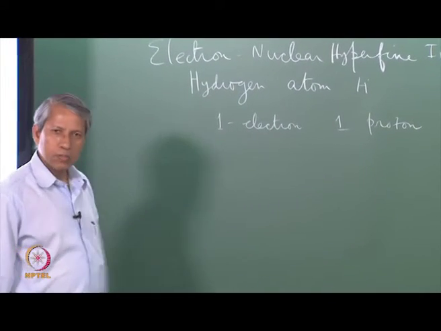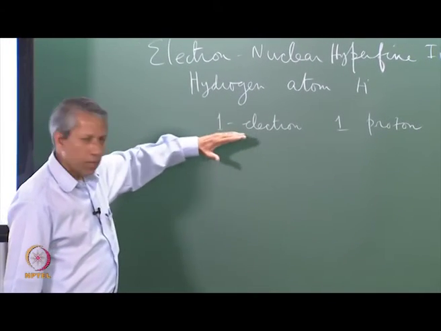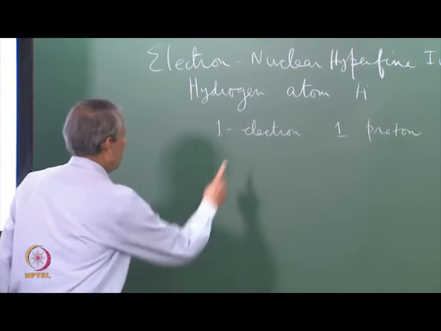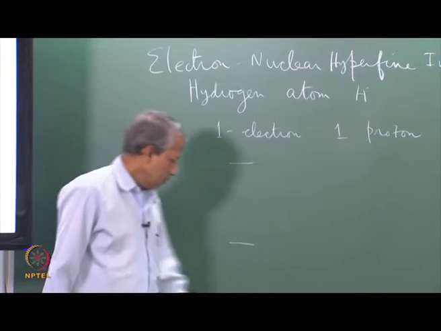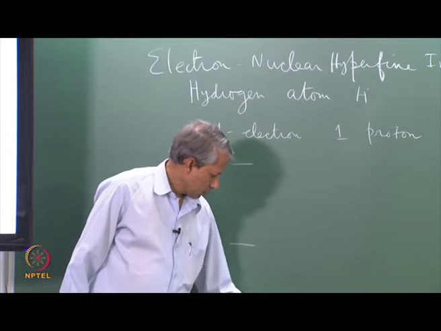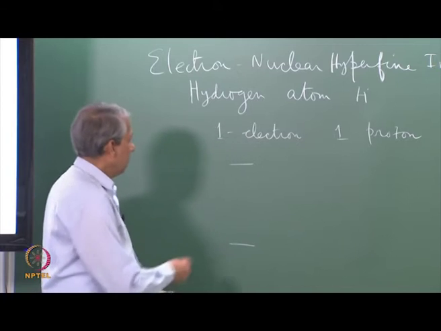So, what we have discussed so far, if I try to look at the energy level diagram of this in a given magnetic field, for the electron I get a splitting of this kind, which is the electron Zeeman splitting, corresponding to the electron spin.